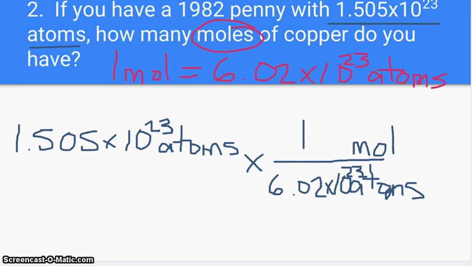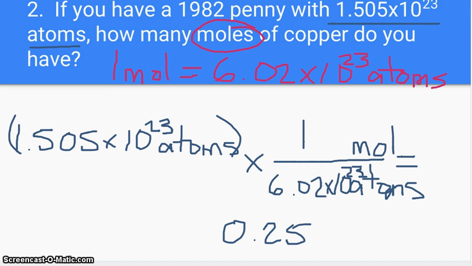Okay, so now this looks harder because we have exponents and all that stuff involved. But really all we're doing in this case is multiplying 1.505 times 10 to the 23rd times 1 and dividing by 6.02 times 10 to the 23rd, which if we were to simplify this, means we're taking 1.505 and dividing it by 6.02, and what you end up getting is 0.25.